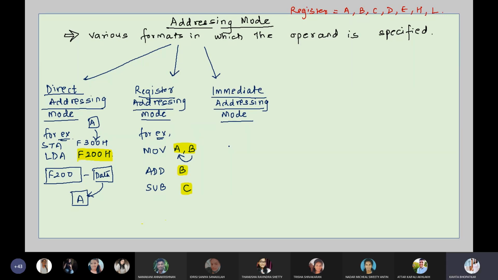That time it will be identified as immediate addressing mode. Means like, for example, I will tell you, move immediate A comma 56H. Means you are copying the content 56 to accumulator, and this 56 will be given via program.